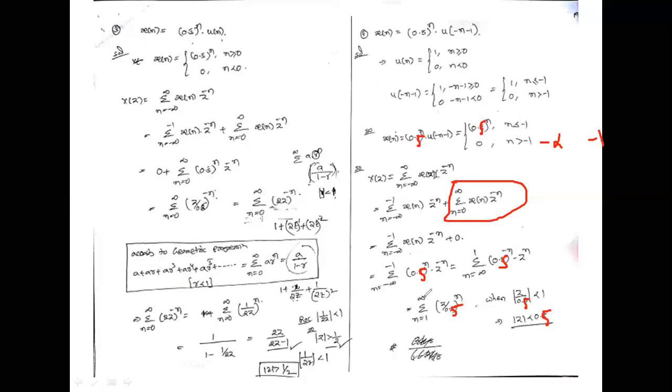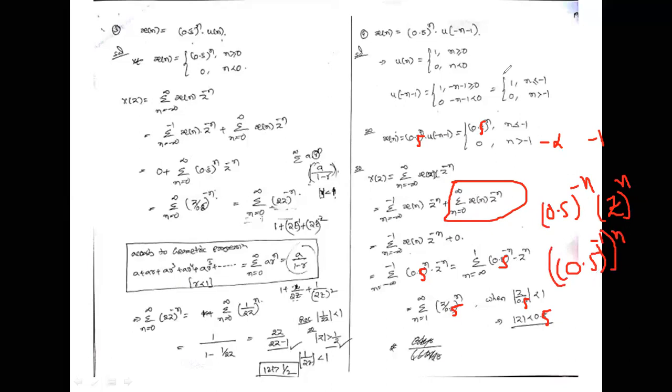So the sum of n from 1 to infinity of 0.5 whole power minus n, z power n. Okay.